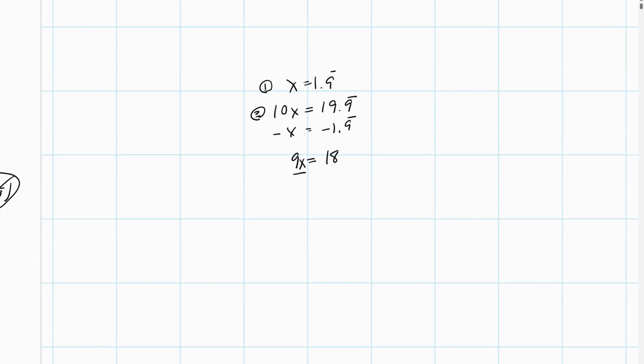Divide both sides by 9. x is equal to 2. So x is equal to 1.9 repeating, and it's equal to 2 because 1.9 repeating and 2 are the same number.